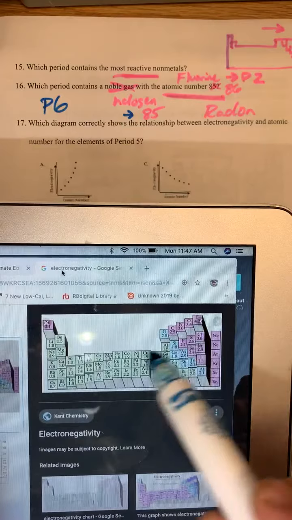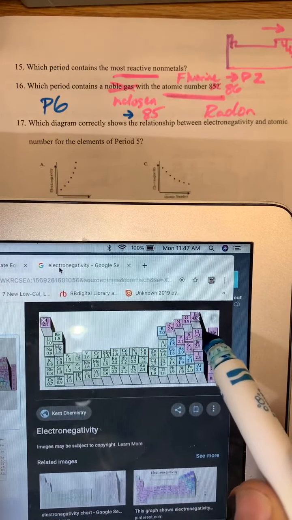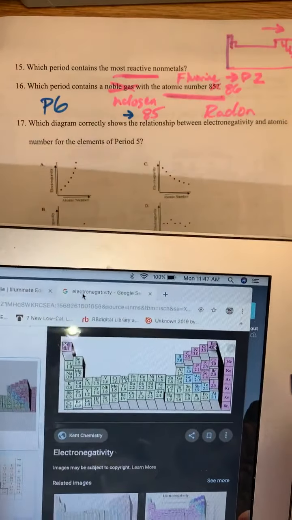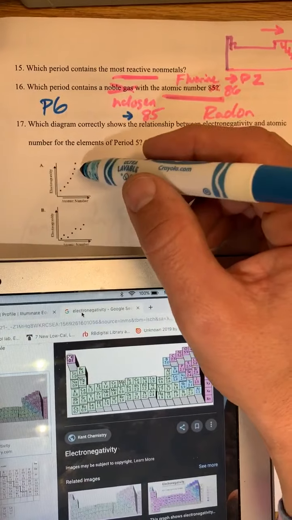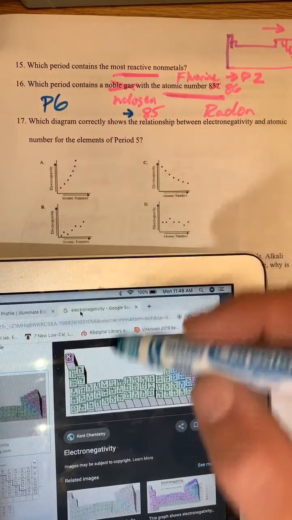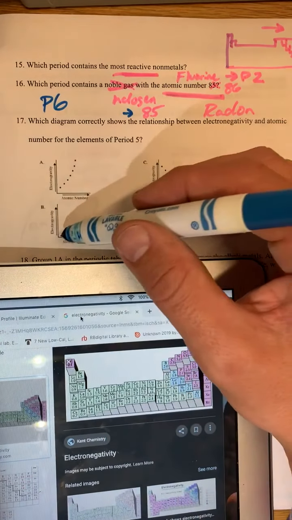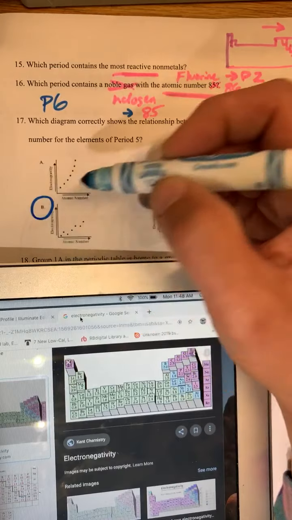For period 3, it consistently goes up, 0.9, 1.2, 1.5, 1.8, 2.1, 2.5, 3. It's consistently going up, right? So we're looking for something that is increasing as you go up in atomic number. But for 5, sometimes it goes down. So we would take something like this.